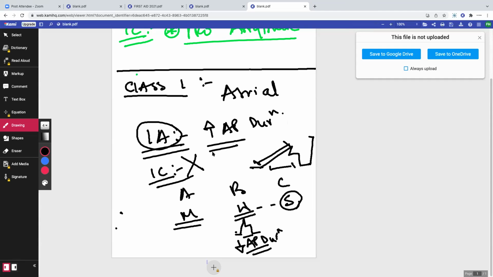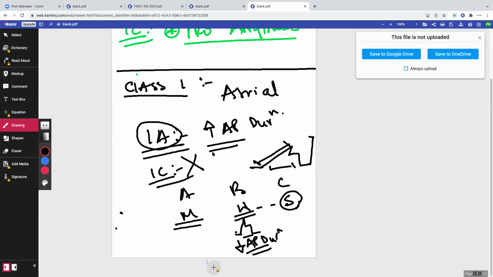As a result, can there be chances of arrhythmia? The answer is yes. But will there be any effect on the action potential duration? Yes or no? The answer is no.